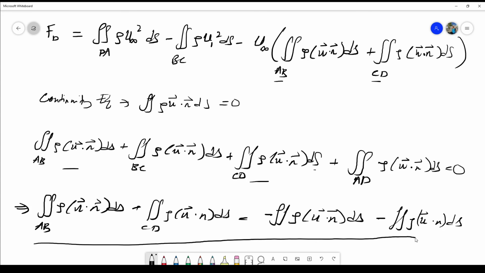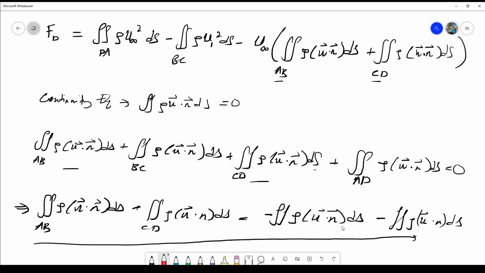Applying the same conditions on the surface AB, we know that u·n on the surface AB is something that we are going to determine later, and on the surface CD as well.